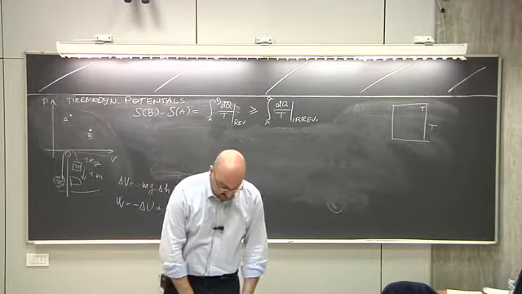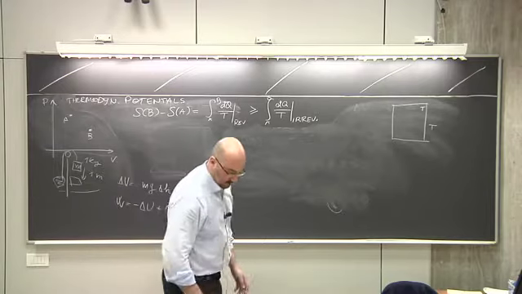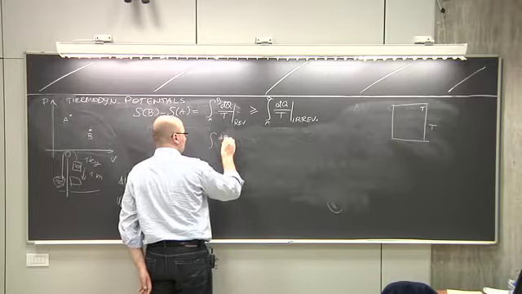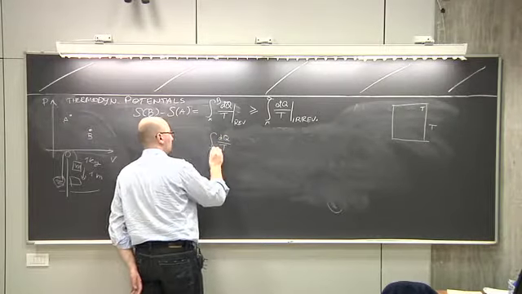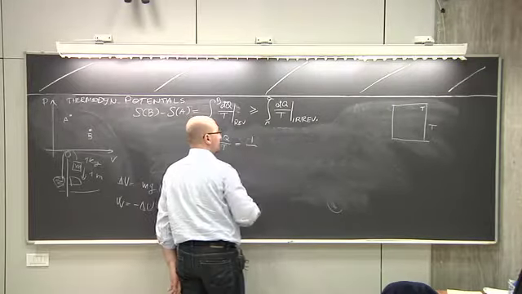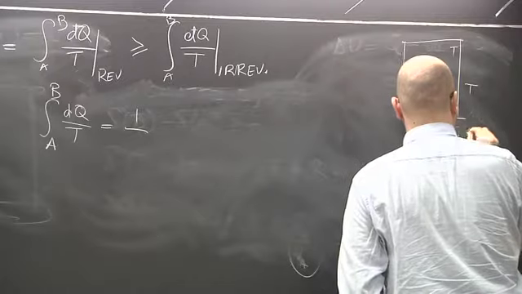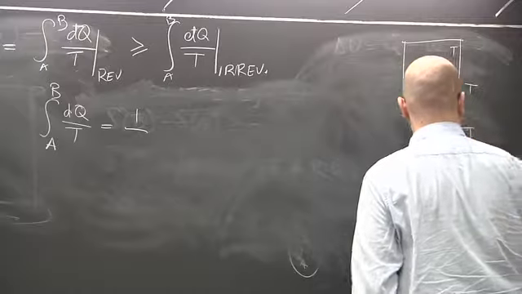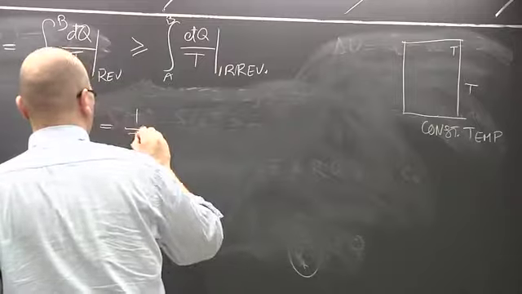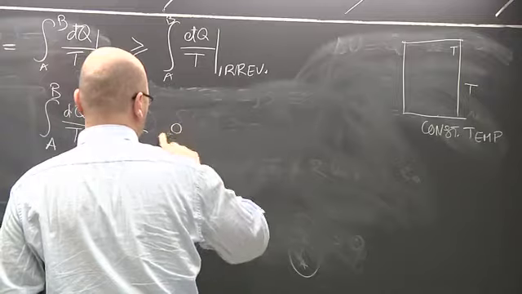At the beginning, it has a given temperature T. So we use this fact, and we get that the heat exchanged in a transformation between A and B, since T is constant, we can bring it out of the integral, and this becomes delta Q, or Q, actually.